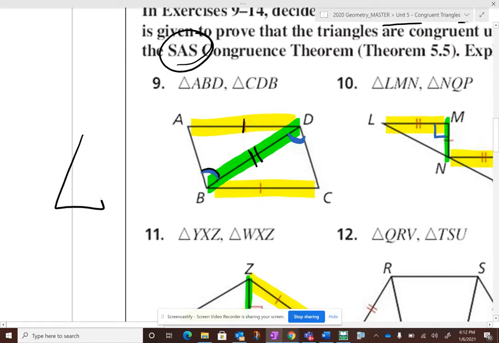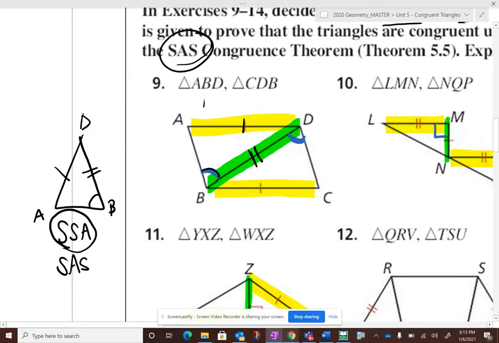If I redraw it right here, that'd be ADB. They have a side and an angle. That SSA is not the same thing as SAS. And notice that if you write this backwards, you get a bad word, which also tells you it's not going to work. We'll learn that later. So this one is not enough info.